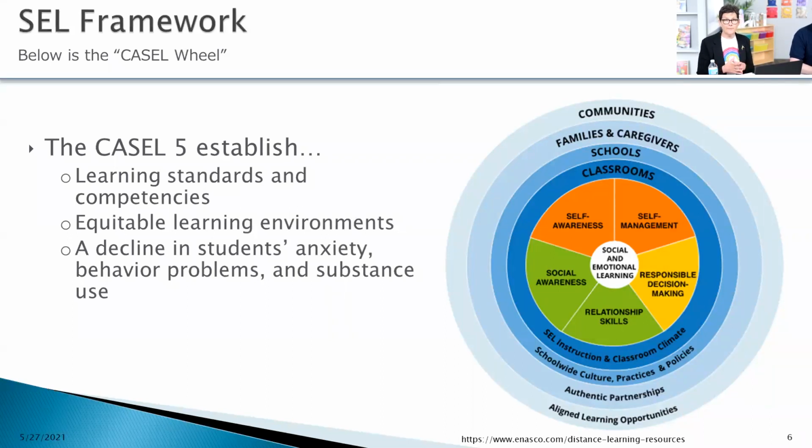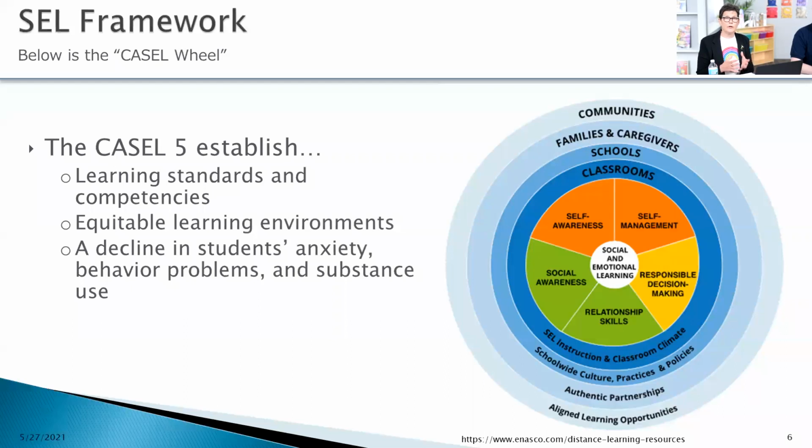Responsible decision-making. This is a life skill. And in school, whether it's a makerspace or art or science or math, or at recess, it is making those decisions. So relationship skills is how you interact with other people, building on those, and what's appropriate and how to show respect.